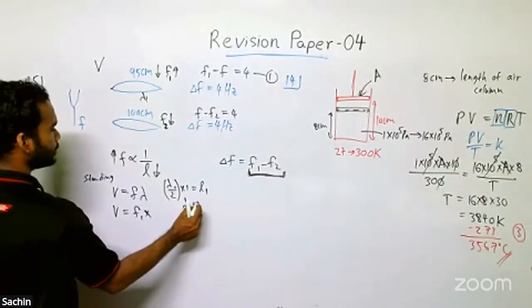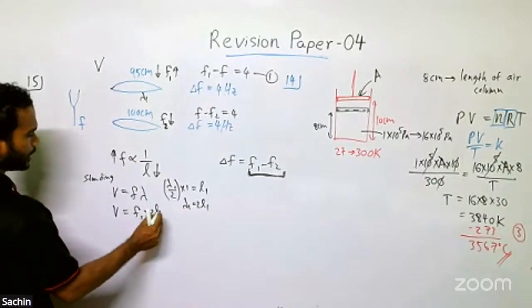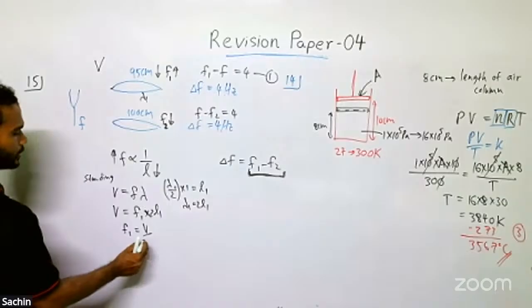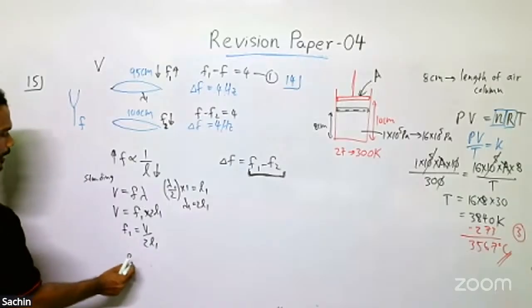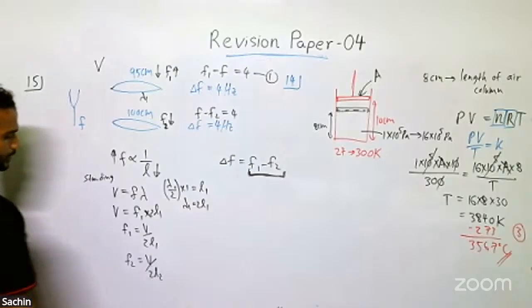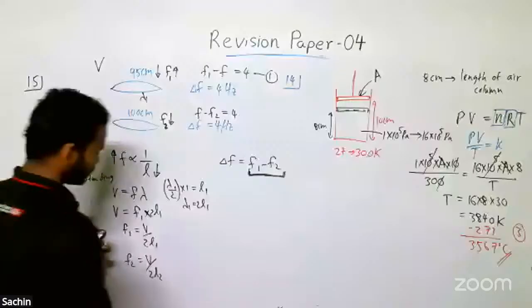So lambda 1 is equal to 2L1, and f1 I can just write as v over 2L1. The same way I can obtain an equation for f2 as well. So f2 is equal to v divided by 2L2.